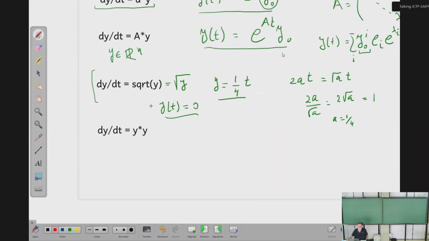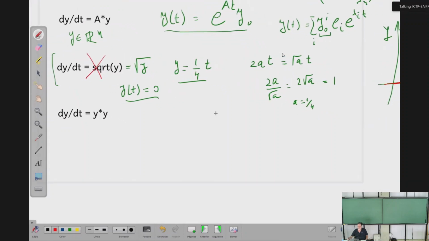We are going to work with systems that have only a unique solution. So we will have to put some conditions here. And the condition that we need here is that this thing is not differentiable. It's continuous but not differentiable. We need some condition here that rules out these equations. And we are going to see that what we need is a Lipschitz condition.